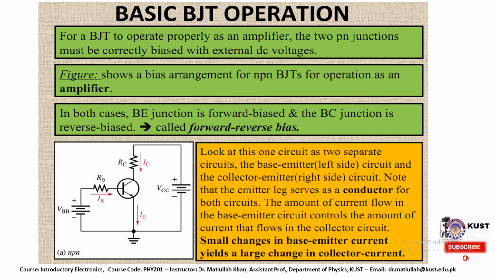That is the most important thing we intend to do, how we can control the magnitude of current. If we slightly change the magnitude of current in the base-emitter region, it leads to a huge change in the collector current. That is what we intend to do from the operation of the BJT.